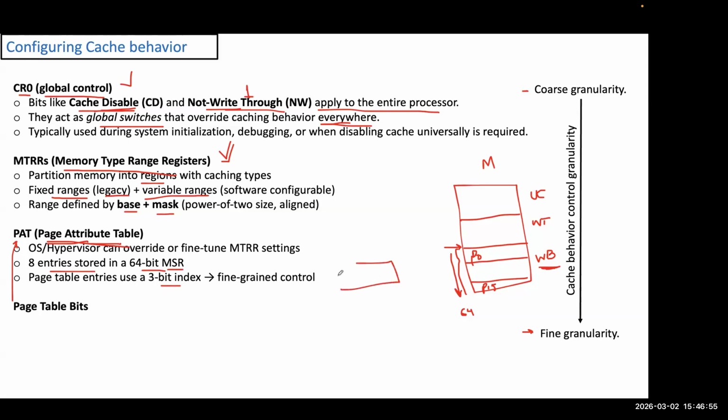So let's say this is your model specific register, and in this model specific register you have 8 entries. I cannot draw 8. Now from the page table, remember what was the job of the page table?